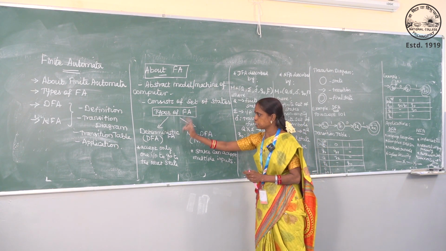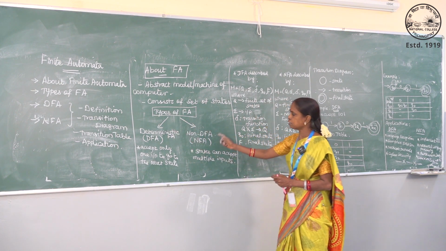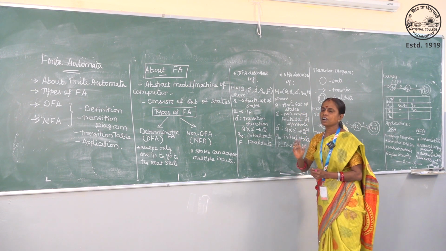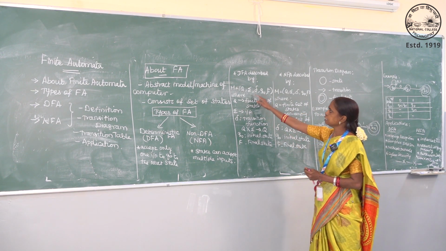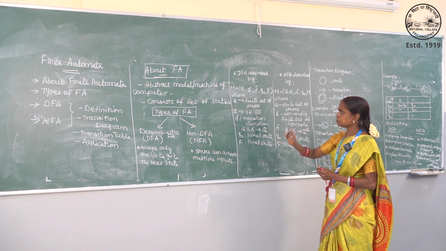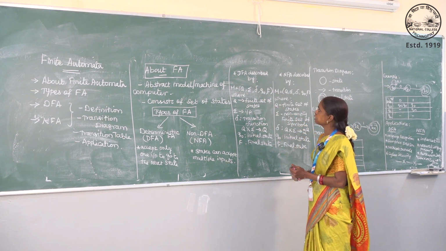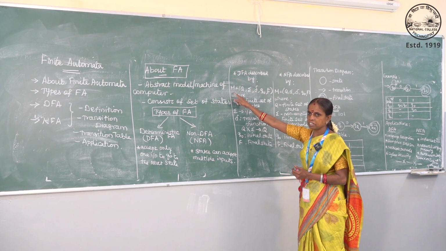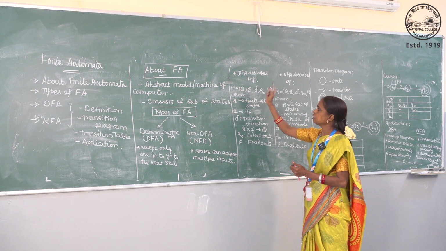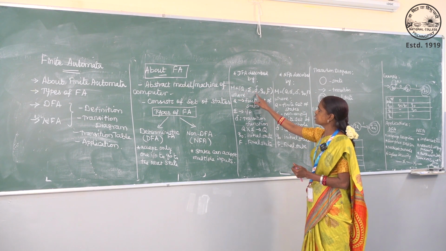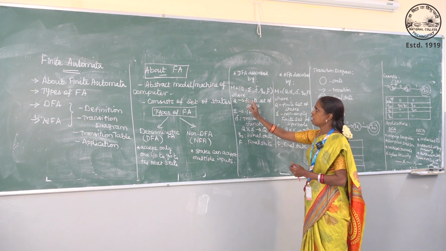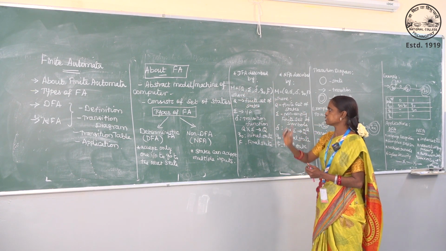So types of finite automata: deterministic finite automata and non-deterministic finite automata. How are they described? These are called tuples. Deterministic finite automata is described by the machine M, which contains Q, sigma, delta, Q0, F. What is Q? It is a finite set of states.